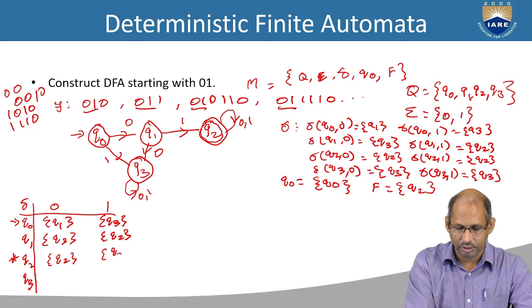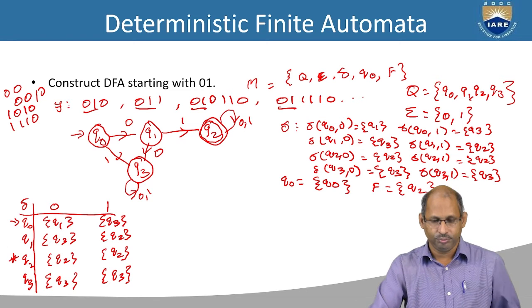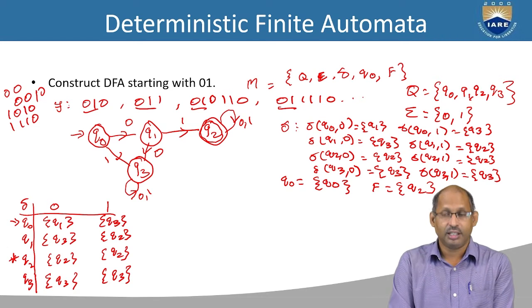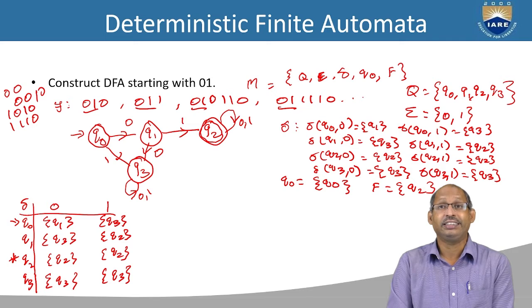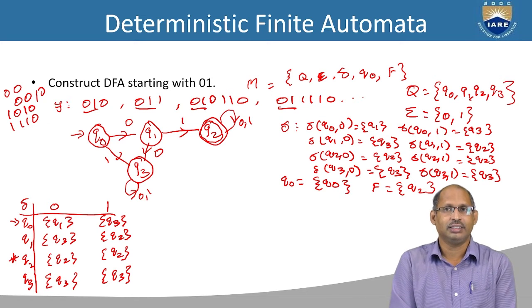Q2 on 1 is Q2. Q3 on 0 is Q3. Q3 on 1 is Q3 only. So this is the resultant transition table.